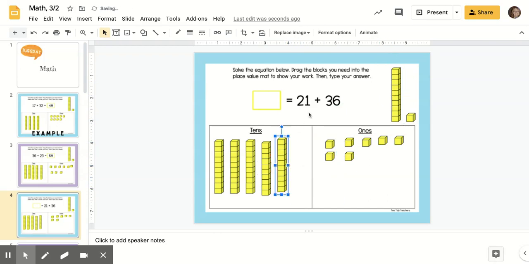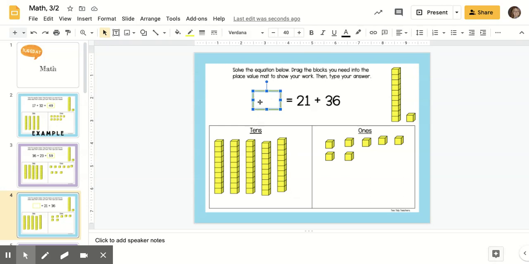Okay, so I have 1, 2, 3, 4, 5, 6, 7 ones. And over here I have 1, 2, 3, 4, 5 tens. So up here, I'm going to click on this box here, and I can go, let's see, 1, 2, 3, 4, 5 tens.